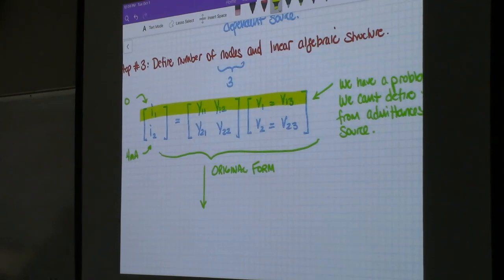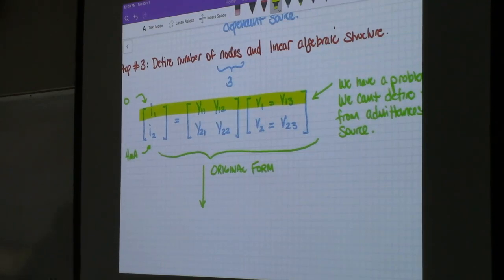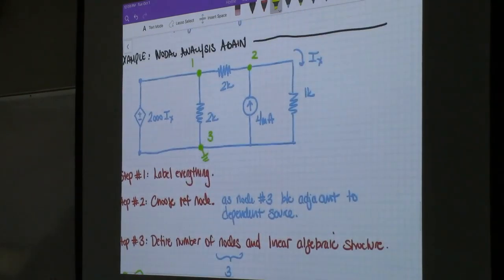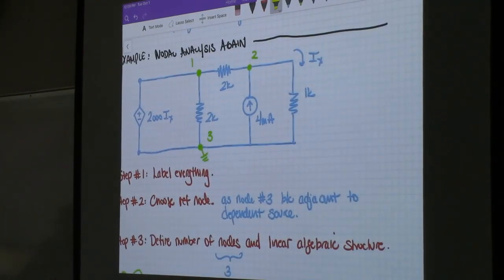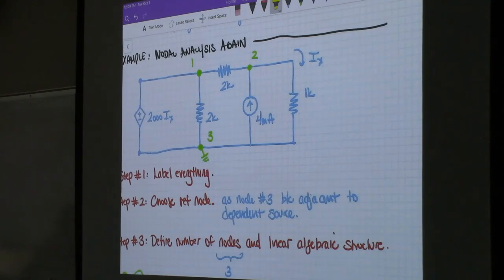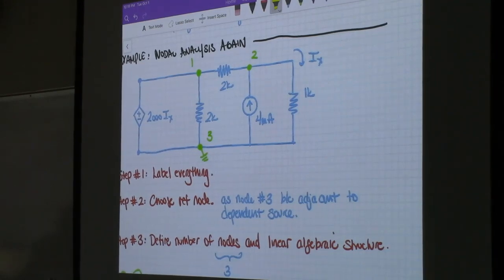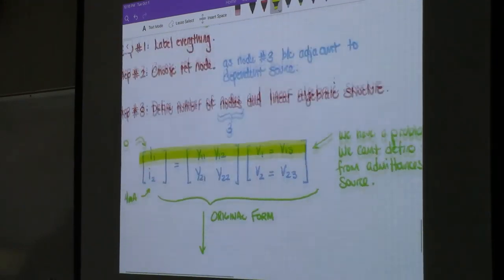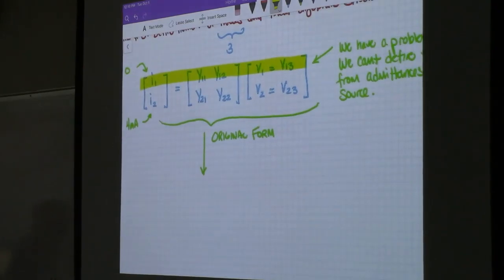It's problematic because we can't define KCL for this node number 1 the way that it's set up, right? We just don't know what the current is through it. So we're not going to be able to use this form.